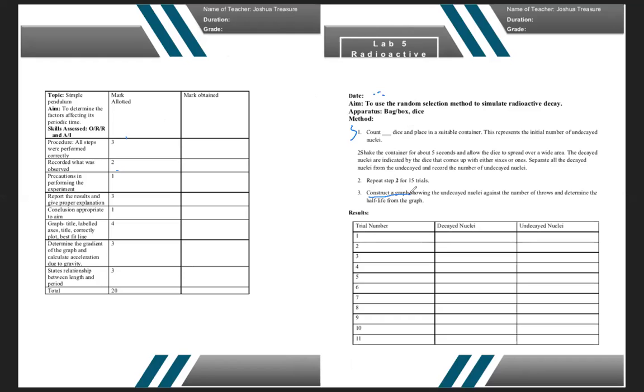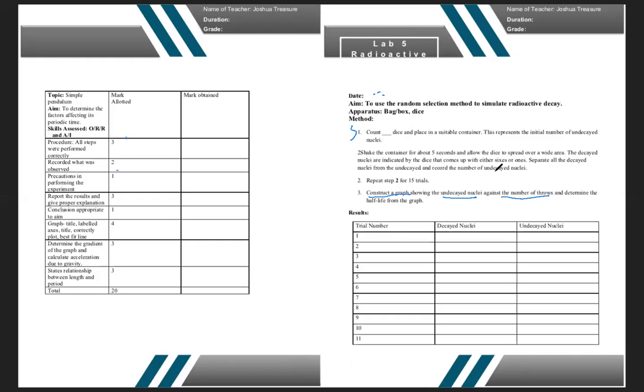Construct a graph showing undecayed nuclei against the number of throws. Which one goes on the x-axis? The number of throws, the decay one.